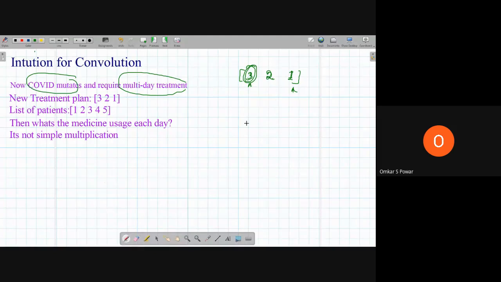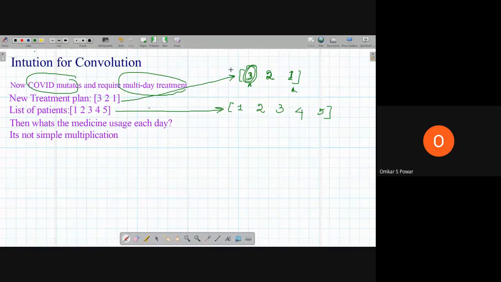So the list of patients is like 1 on Monday, 2 on Tuesday, 3 on Wednesday, 4 on Thursday, and 5 on Friday. So this is the list of patients, and this is the vaccine, the new treatment plan.